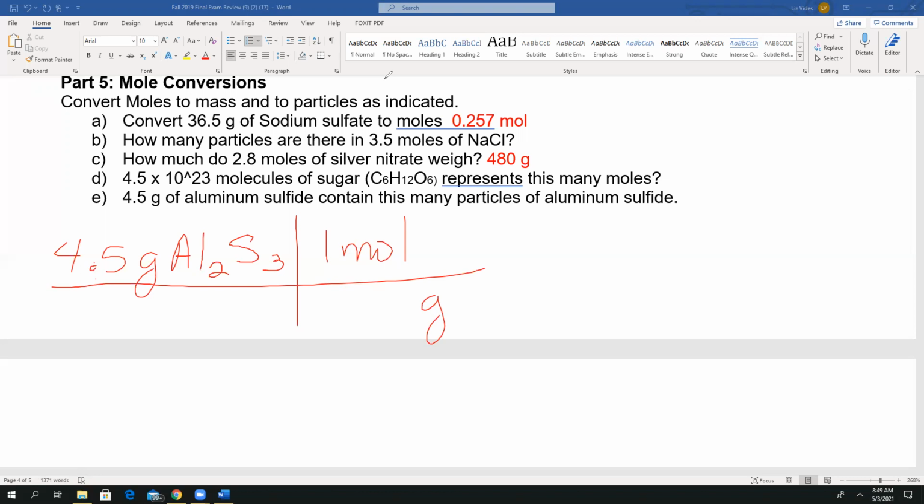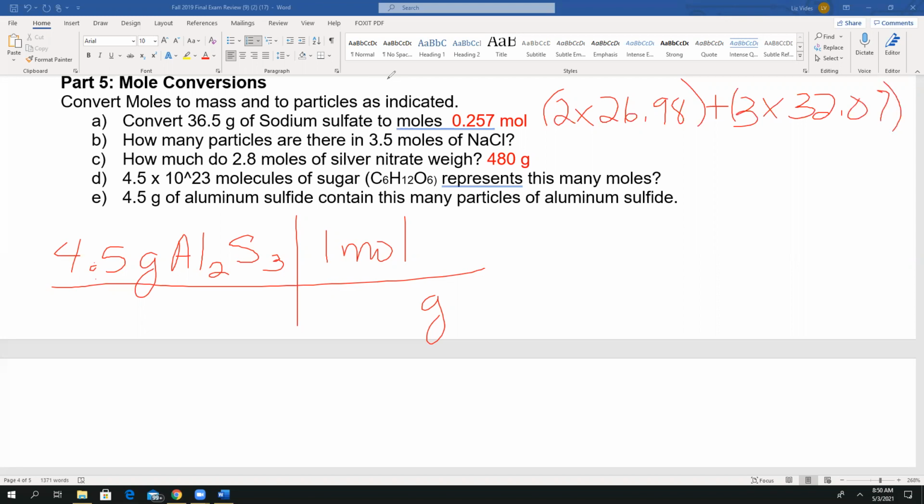This time we only have 2 things. We have 3 aluminums at 26.98 and 2 sulfurs at 32.07. Oh, sorry, backwards. I sure did. I did that backwards. That should be 2 aluminums. That should be 3 sulfurs.